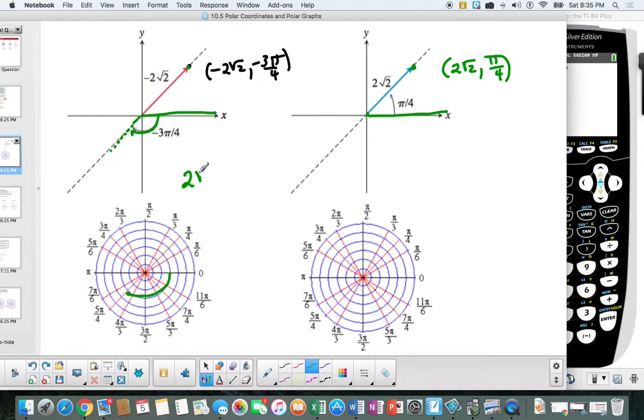Now 2 root 2 is approximately 2 times 1.4, which is about 2.8. So from here, we would go out 1, 2, 2.8, and here's our location right here. Now over here, we would be going out pi fourths, so we would be turning this way, and we would go out a radius of about 2.8, 1, 2, 2.8, right about here. And again, we have the same location.